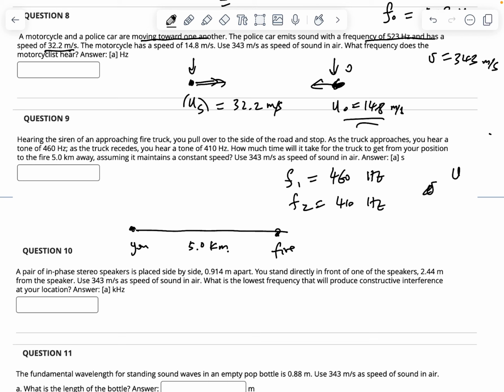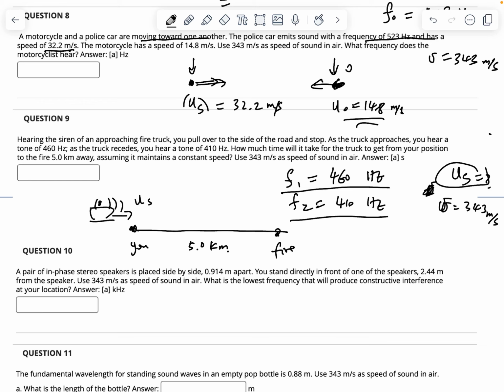The speed of the fire truck is US, and we know the speed of sound is 343 meters per second. You need to first figure this out, and you are stationary. The truck goes this way at US while it sends out the sound wave. This is the frequency you hear when the truck moves towards you, and this is the frequency you hear when it moves away.